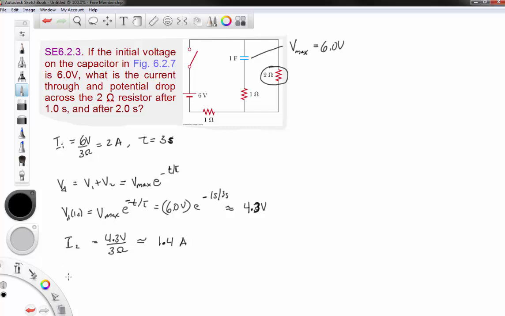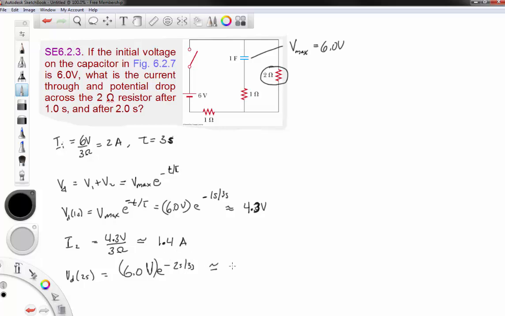And then after 2 seconds, the voltage drop becomes 6.0 volts times e to the negative 2 seconds over 3 seconds. And so that gives us a total voltage drop of about 3.0805.